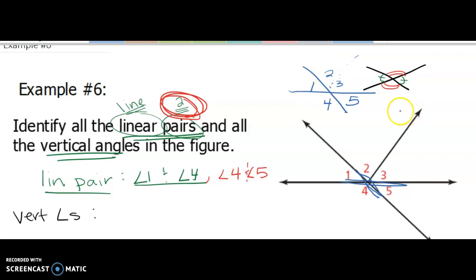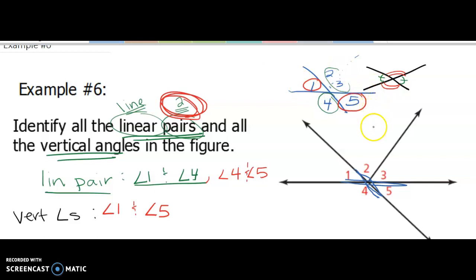Okay? Well, we want it directly across from each other. So 1 and 5 are directly across from each other. Now, some of you are going to want to say, well, yeah, so is 4 and then 2 and 3.